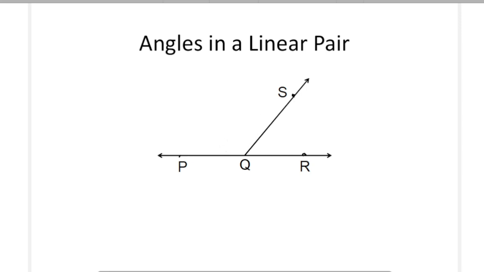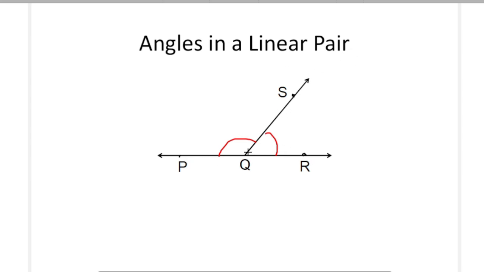See this angle, that is angle PQS, and angle SQR. So SQP and SQR, there are two angles. These both angles are called angles in a linear pair. Segment PR is a straight line.